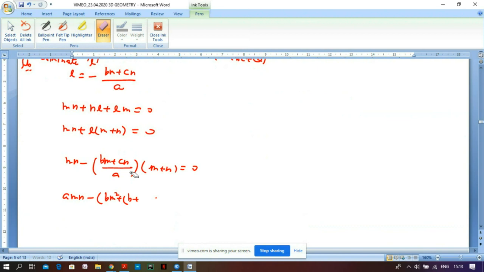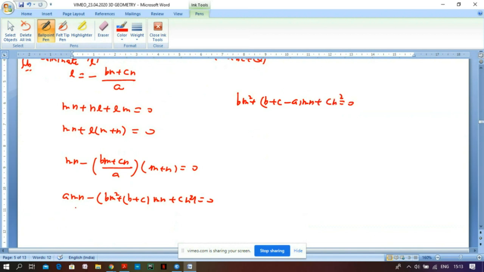So that's B plus C. So B plus C times Mn plus Cn squared is 0. I can change the sign to positive, and I can write Bm squared plus B plus C minus A times Mn plus Cn squared is 0.